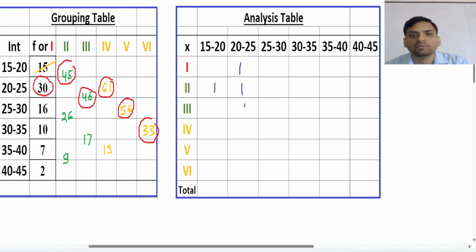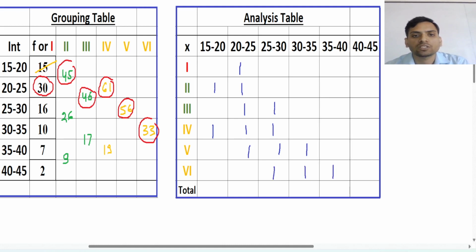So for this third one, and for next this 61 is the summation of first 3 intervals. And this 56 is the summation of these three, and this 33 is summation of this 16, 10 and 7. So we will consider these three intervals, 25 to 40.